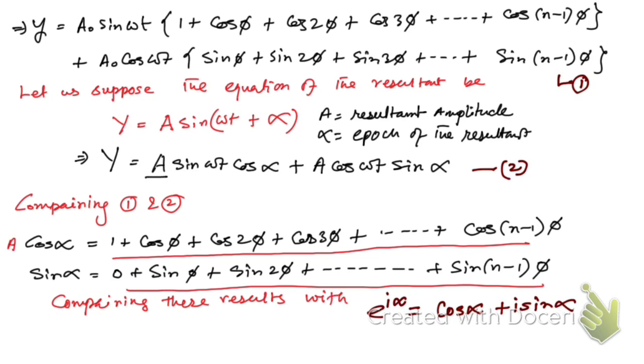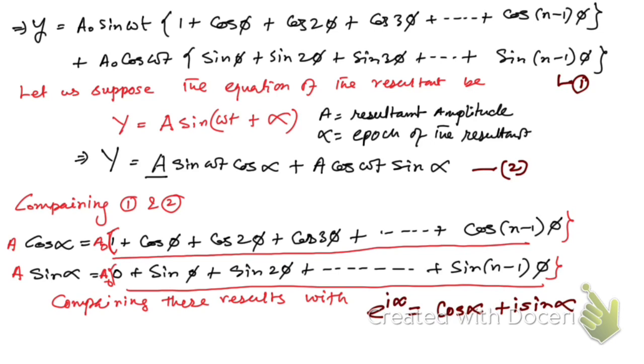If you want to find a cos alpha, then you have to add those amplitudes also, right? So we're gonna have a naught here, right? Similarly, for a sin alpha, here also we're gonna have a naught, right? So hope you understood what I'm trying to say.